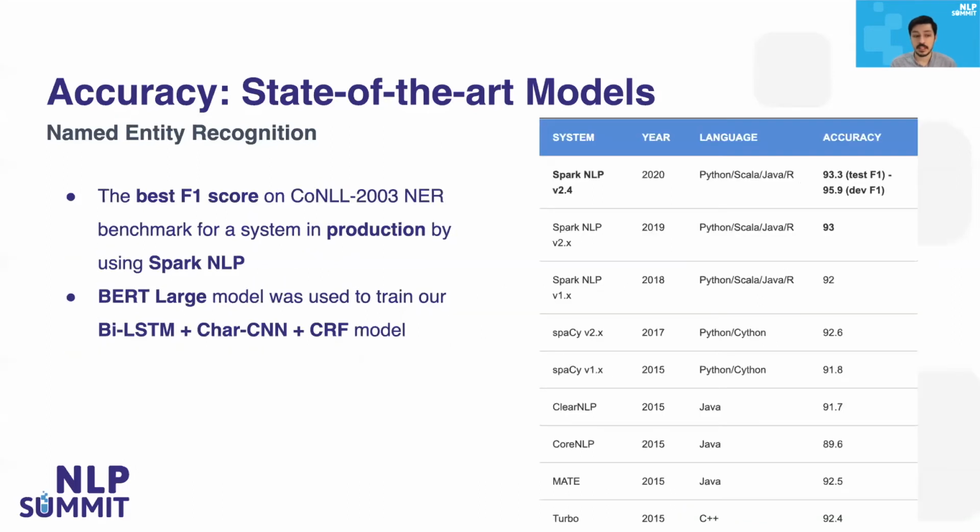The best F1 score on the CoNLL 2003 NER benchmark for a system in production was achieved by using Spark NLP. For this specific benchmark, we used BERT large cased to train our NER model, which achieved 93.3 F1 on a test dataset and 95.9 on the dev dataset.